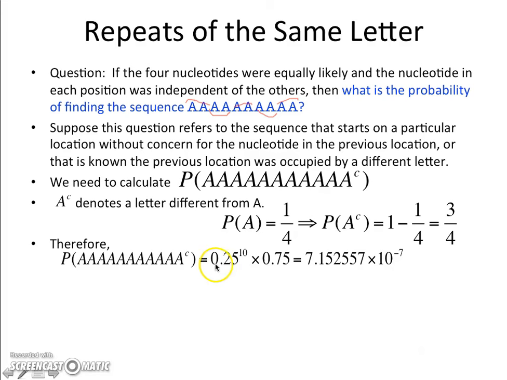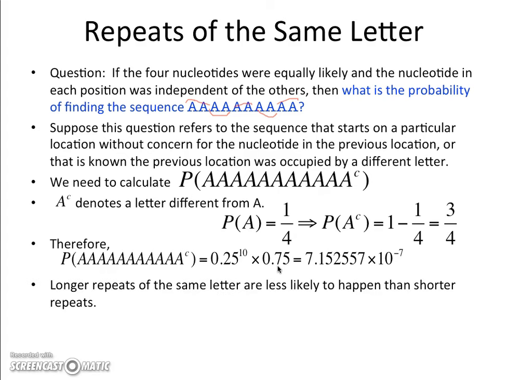We have 1/4 multiplied by itself 10 times, and then that is multiplied by 3/4. And this gives us a number that has order of magnitude 10 to the minus 7. It's a very small number.